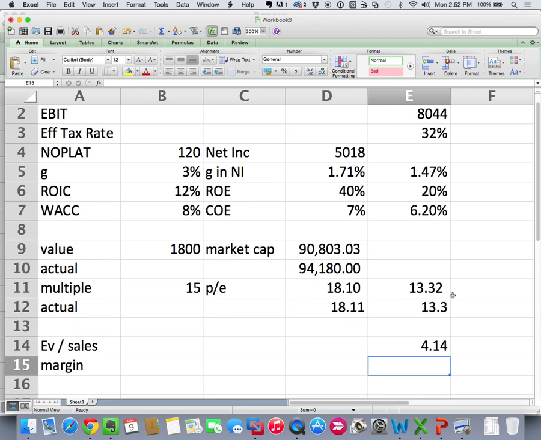Their margin equals 4 divided by the 13.3. It's 31%. The market is expecting a 31% margin from McDonald's. That's the other gem that's hiding in plain sight.